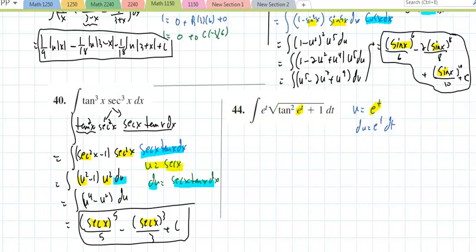If this is my u, so square root of tangent squared of u plus 1, e to the t dt, that's all of this, that would simply be du. There it is. And now I know what tan squared plus 1 equals. Let me think really quick. Tan squared plus 1 is actually the secant squared.